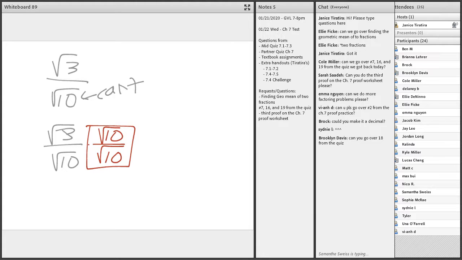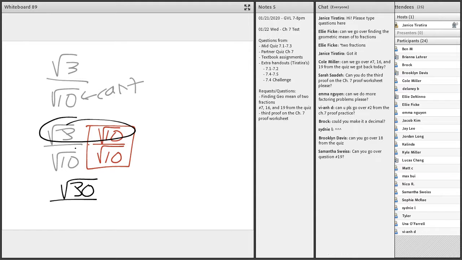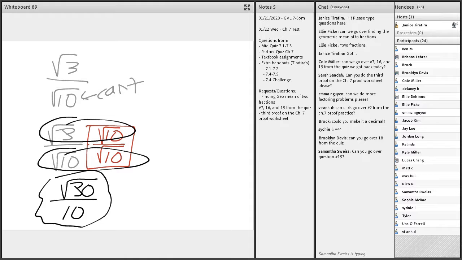That's one of the ways to get rid of the rad 10 on the bottom. So 3 times 10 is 30 on the top. The bottom, rad 10 times rad 10, is rad 100, which is just 10. So this is the better answer.